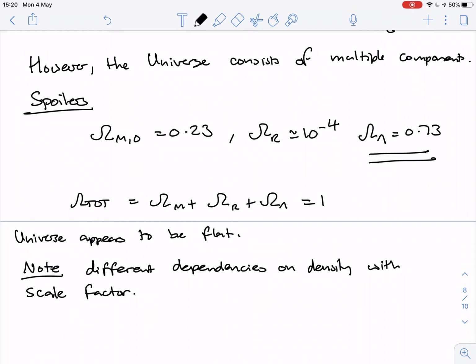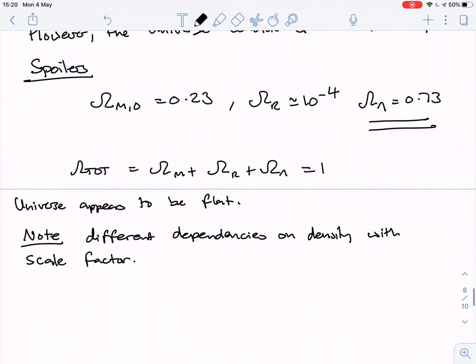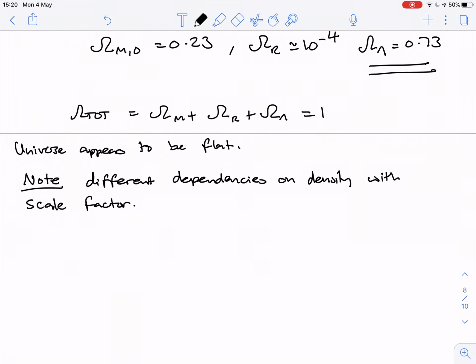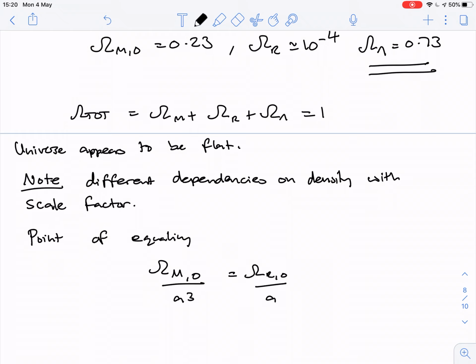So there are different dependencies of the density on the scale factor. And we know how they scale because we know that omega m scales as 1 over a cubed, omega r scales as 1 over a to the 4, and omega lambda is a constant. So let's just say the following. There's the point of equality. We can look at the point where omega m0 over a cubed is equal to omega r0 over a to the 4.